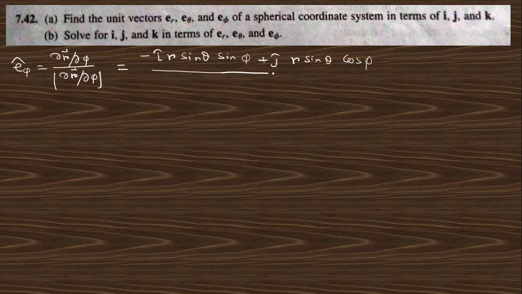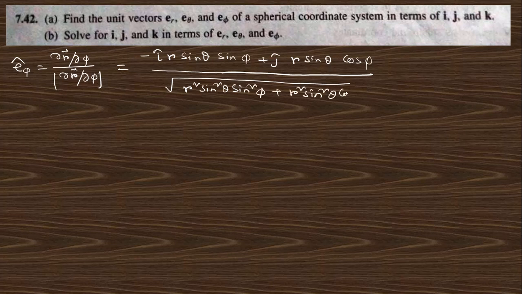And divide by root under r square sin square theta sin square phi plus r square sin square theta cos square phi, right? If you take r square sin square theta as common, sin square phi plus cos square phi is 1. So from here you will get r sin theta.